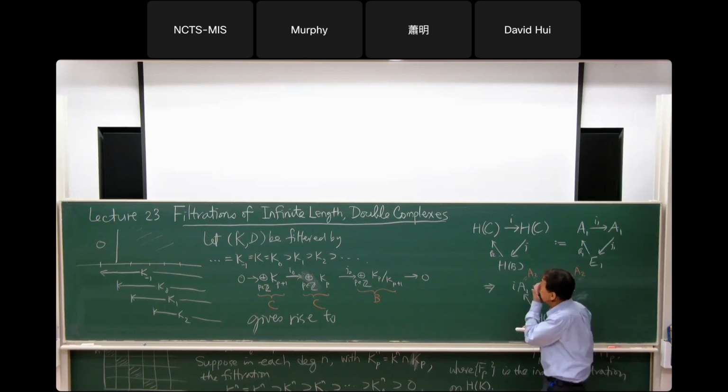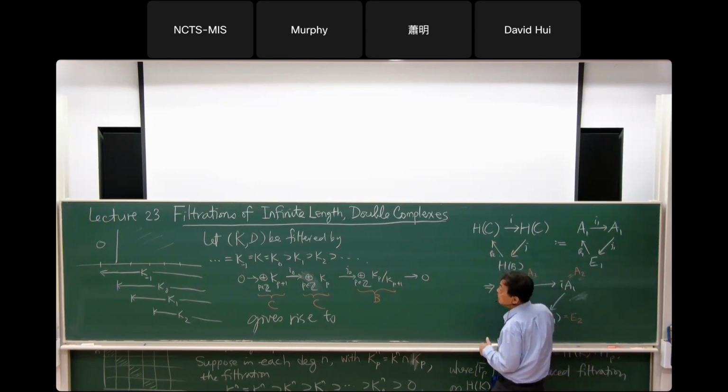So there's something in the argument last time that won't work when you just look at degree n, okay? Because in degree n, you don't have an exact couple. So let's see how to fix that.